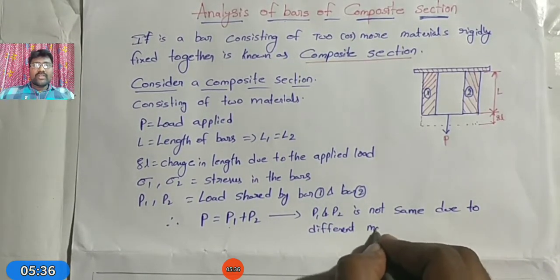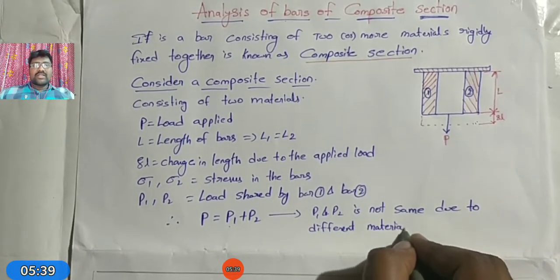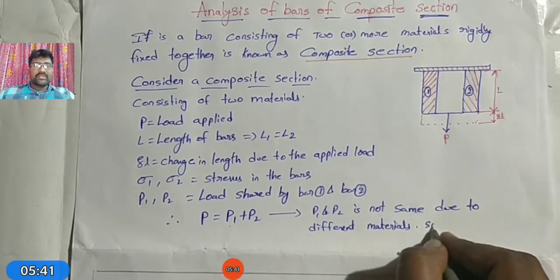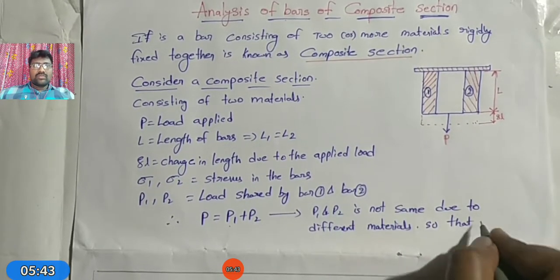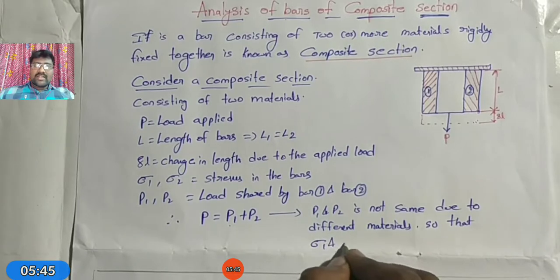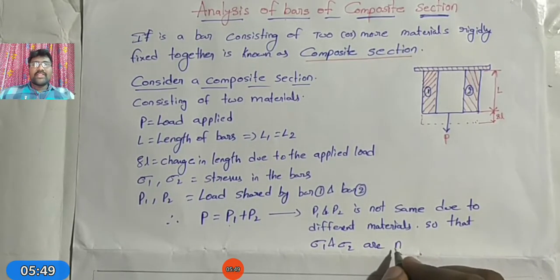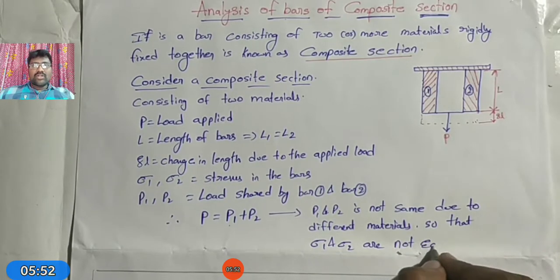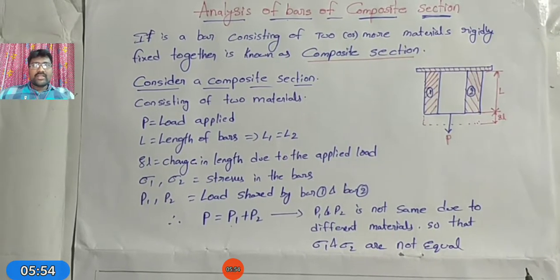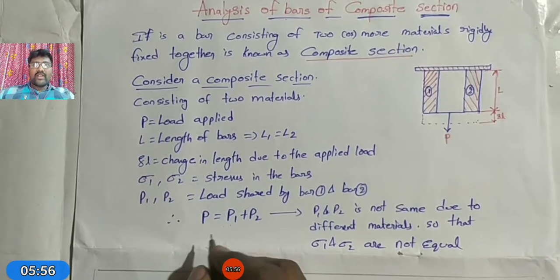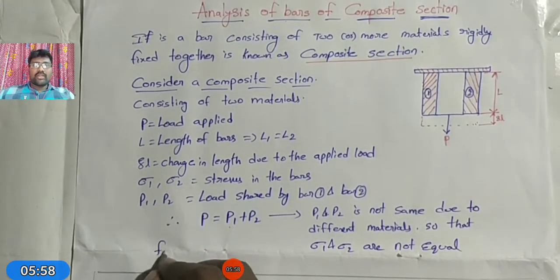The load shared by each material is different, so the stresses are also different because of their Young's modulus. The modulus of elasticity of the materials is different, therefore sigma 1 and sigma 2 are also not equal.